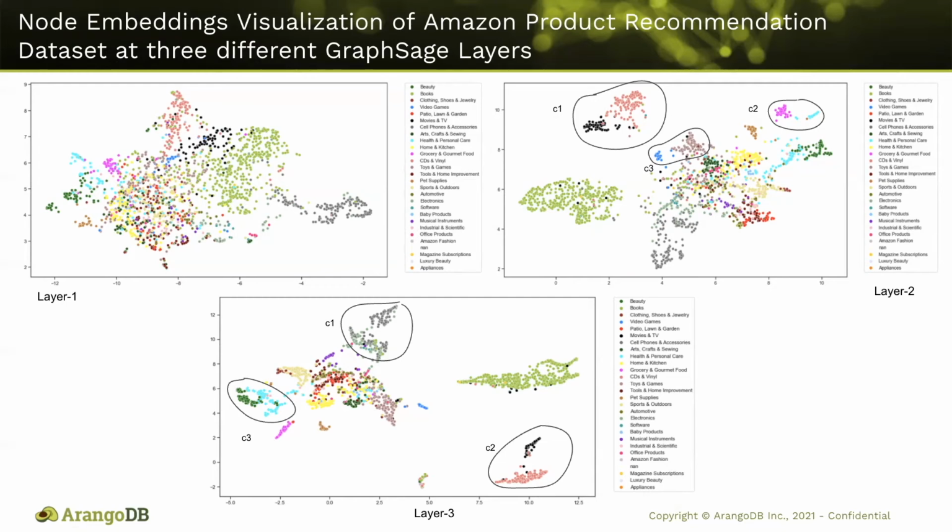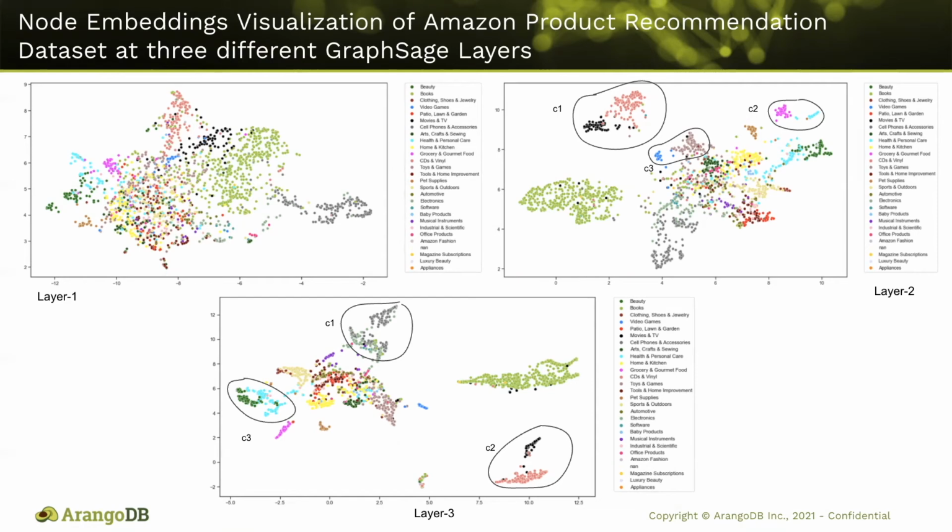So whenever 2 products are purchased together, there is an edge drawn between those products. This is how the Amazon product recommendation dataset is created, based on the co-occurrence of 2 products.